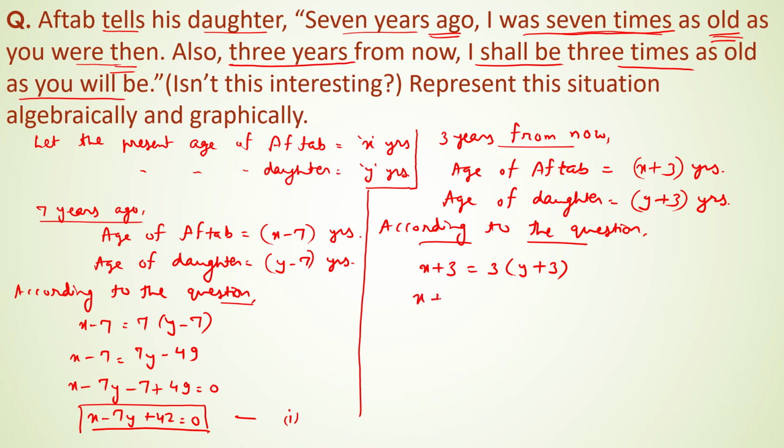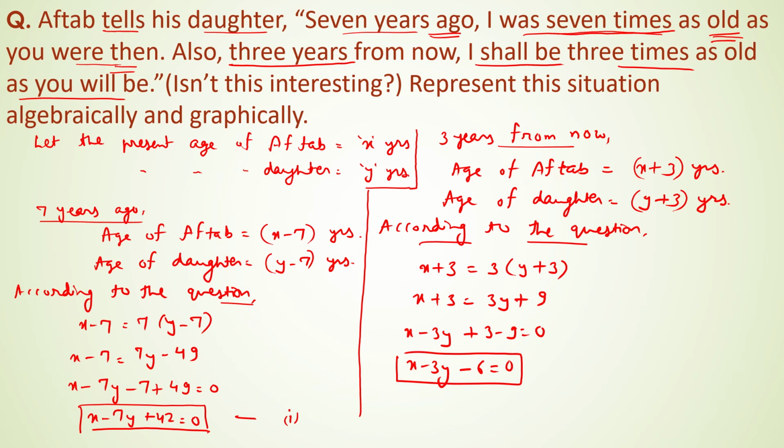So, let us represent this situation algebraically. We get x plus 3 equals 3 times (y plus 3), that is x minus 3y plus 3 minus 9 equals 0. That means x minus 3y minus 6 equals 0. This is the second equation. And these two equations must be represented on the graph.